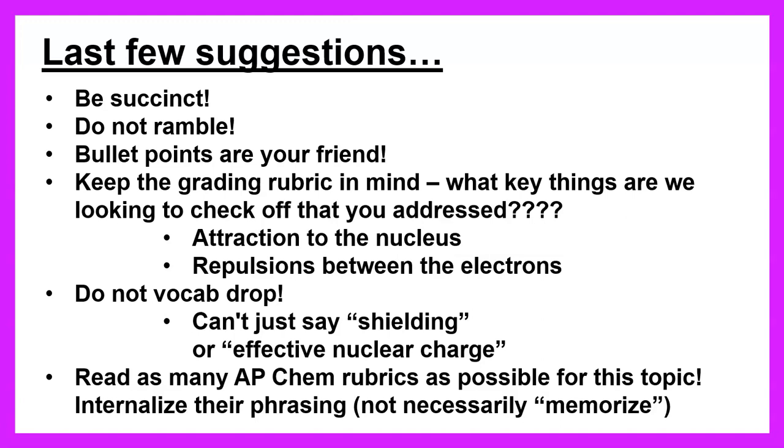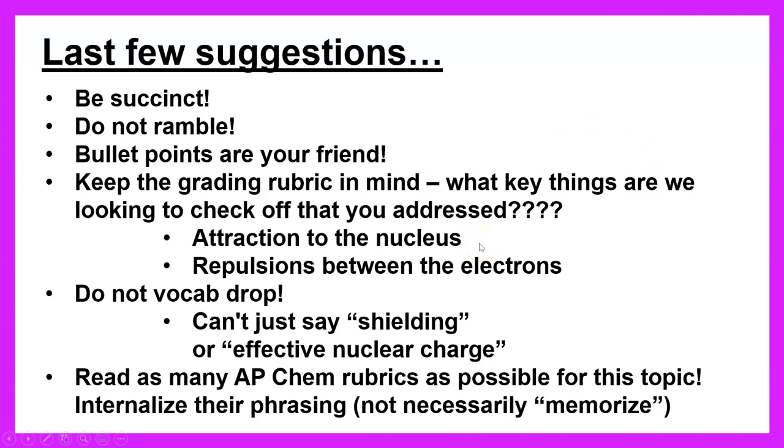You don't want to be a robot just parroting back something, because if they throw a twist at you, you may end up writing down the wrong thing. But if you internalize how they're phrasing things and you start to recognize patterns and common things they're looking for, it's really going to help you for this chapter, okay?